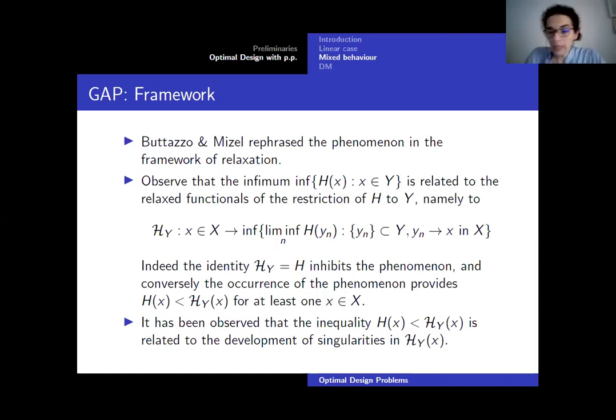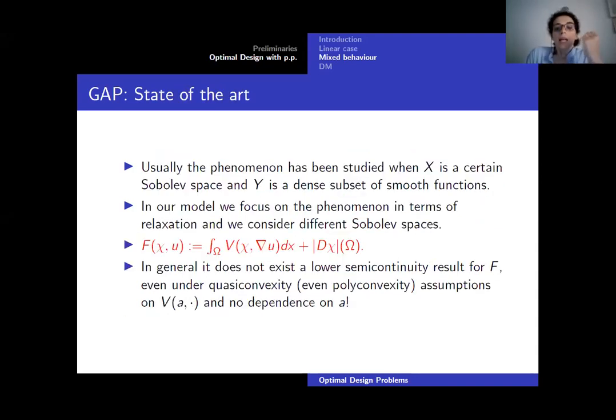Essentially, the Lavrentiev analysis has usually been done when Y is a set of smooth functions. In our case, having in mind the mechanical application, it makes sense to consider different Sobolev exponents, to reproduce the same type of analysis when X is a certain W^{1,p} and Y is a certain W^{1,q} with q strictly bigger. So the point, and this is interesting, is that there is also another issue in our model.